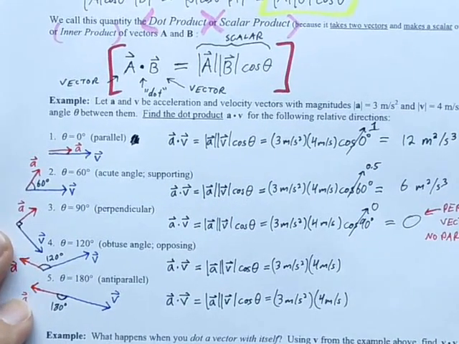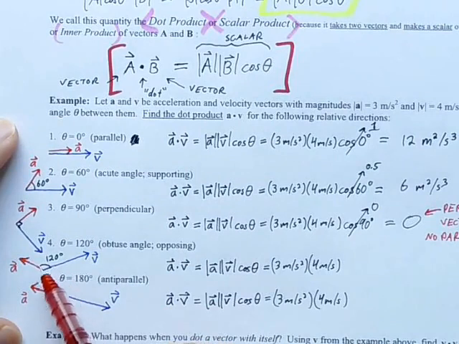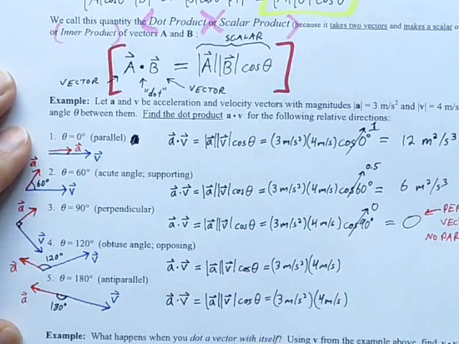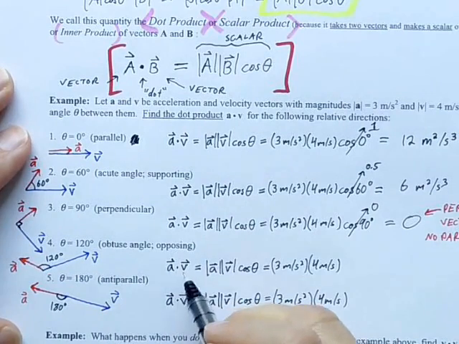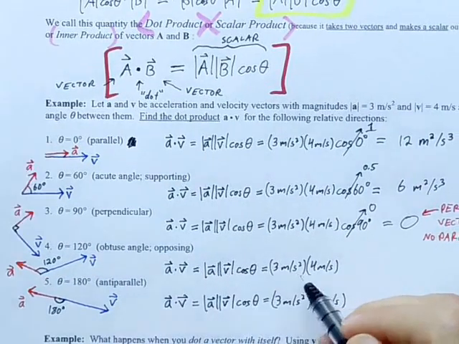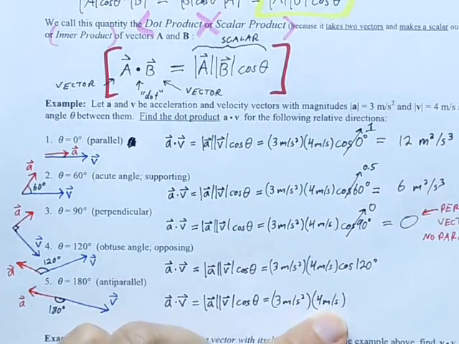Okay, what if the angle between them is greater than 90 degrees? What if it's a 120-degree angle between them here? They're an obtuse angle, so they're partially opposing one another. Then A dot V is A magnitude times V magnitude times cosine theta. So 3 meters per second squared times 4 meters per second times cosine 120 degrees.